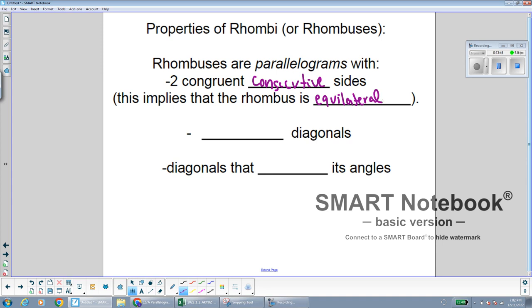We know that a rhombus has perpendicular diagonals, so diagonals that meet to form right angles. And we know that it also has diagonals that bisect its angles. We just saw that as well. Each of the four corner angles are bisected by the diagonals.